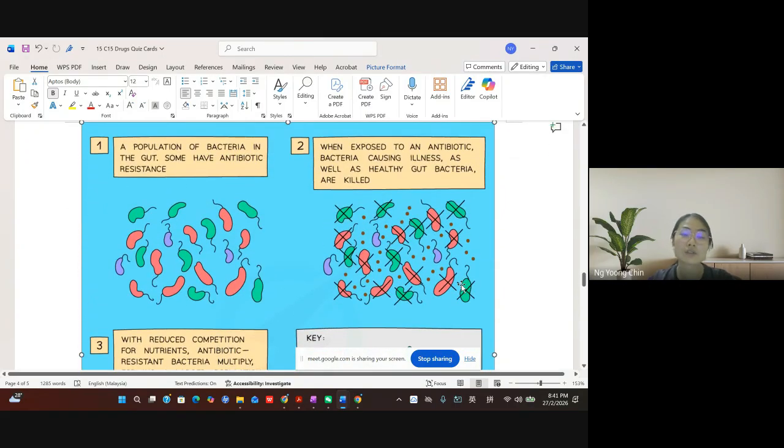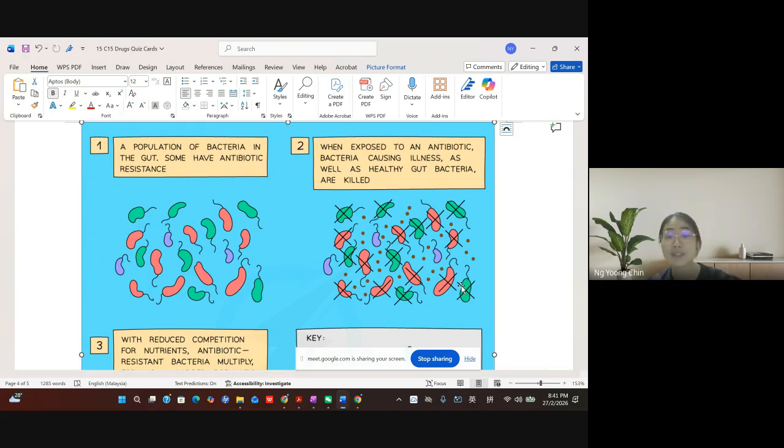Just imagine in your body. You actually have a lot of bacteria living in your body, especially in your intestines. Your intestines consist of a great variety of bacteria, and you have good bacteria and bad bacteria. The good bacteria will not cause harmful effects to your body.